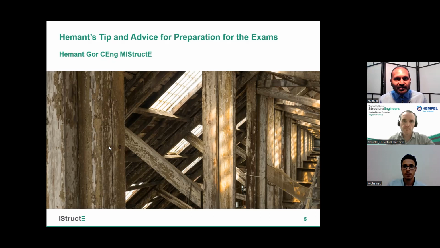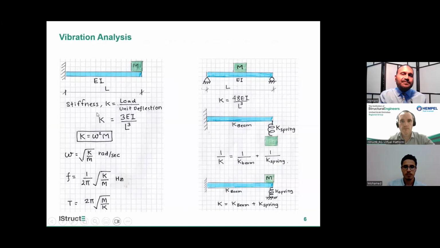I will be covering 2 questions in this session. So the first question is about vibration analysis, where the candidate is checked for his knowledge on calculating the natural frequency of vibration.